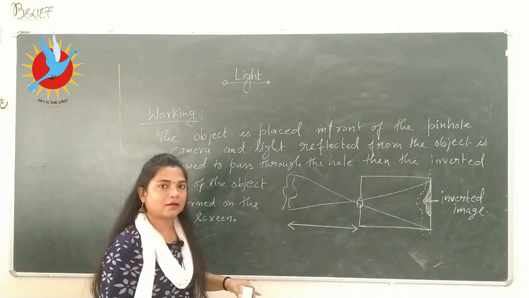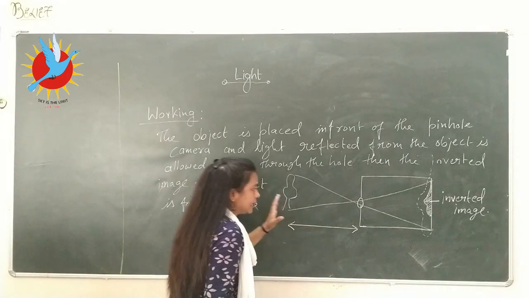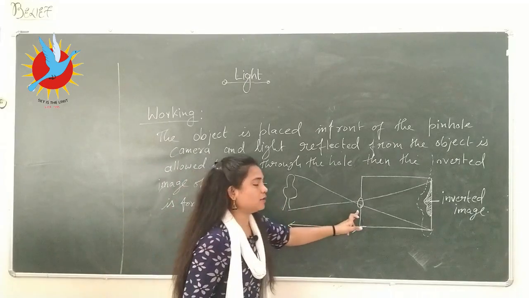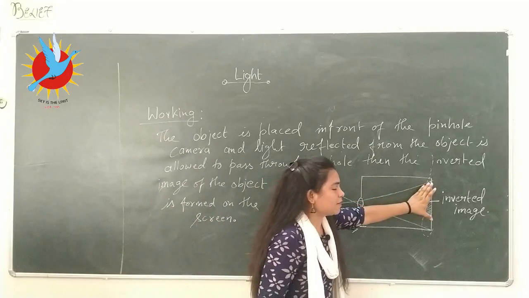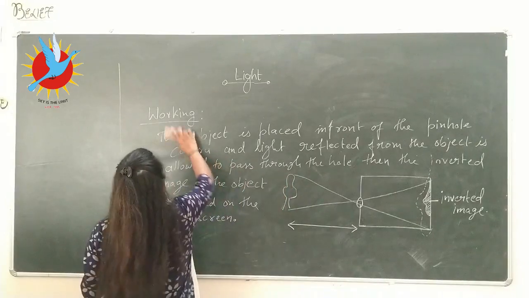And inversely, if you increase the distance between the object and the hole, the size of the image will decrease. So I'm going to write down a few points here.